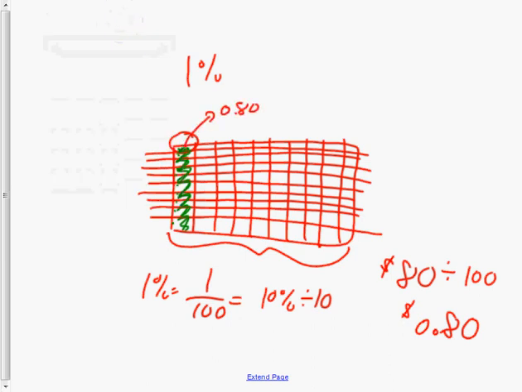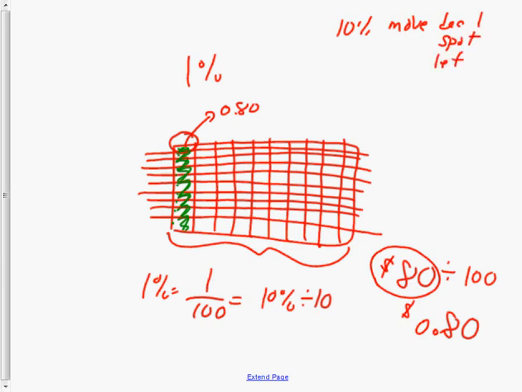And if I multiply each of those 100 squares by 80 cents, I would have the full amount of $80. But how can I do that simpler? Well, for 10%, our rule was move the decimal one spot left. For 1%, all you simply have to do is move it 2 times left, and you'll have your answer.